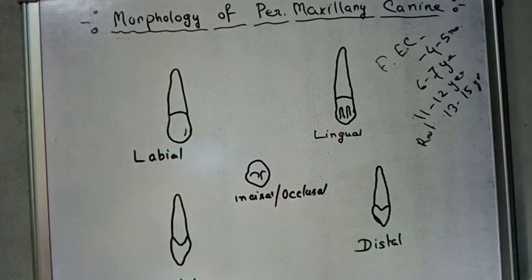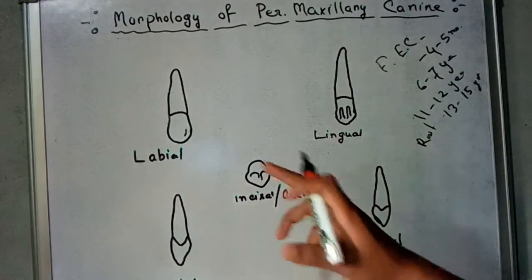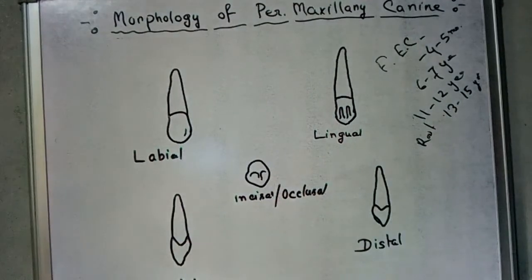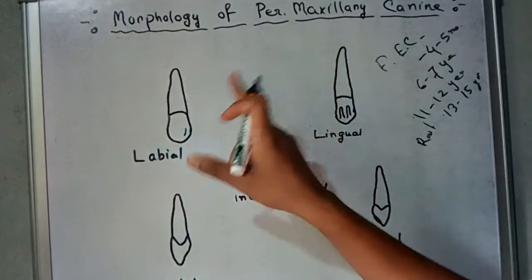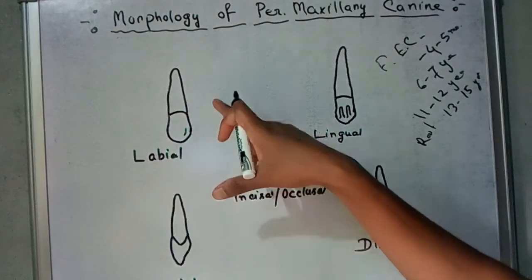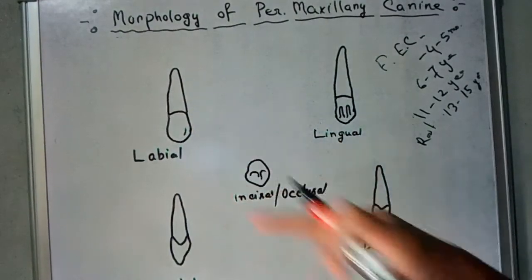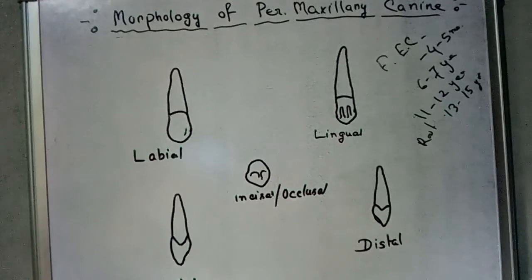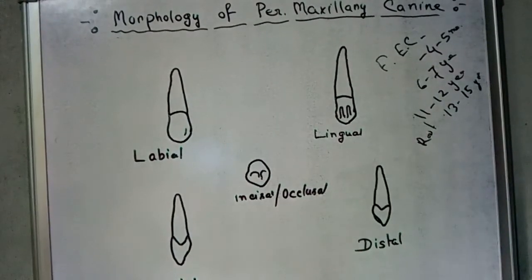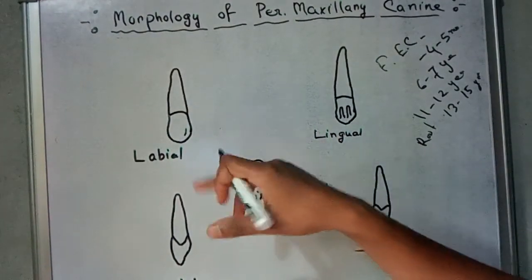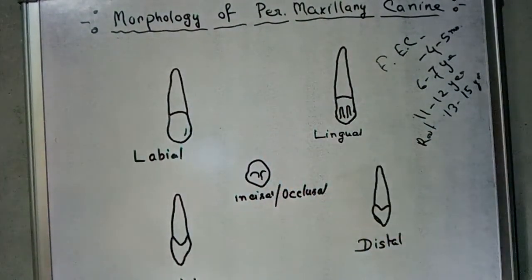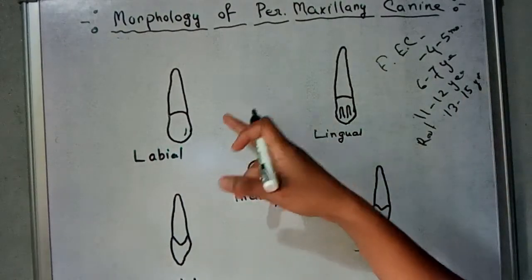Now let's talk about the labial aspect of the permanent maxillary canine. The crown of the maxillary canine is narrower mesiodistally than that of the maxillary central incisor.